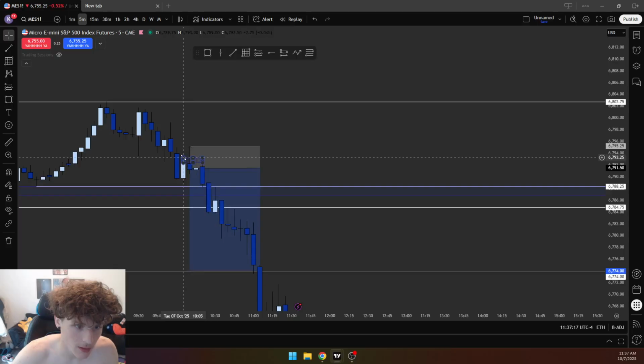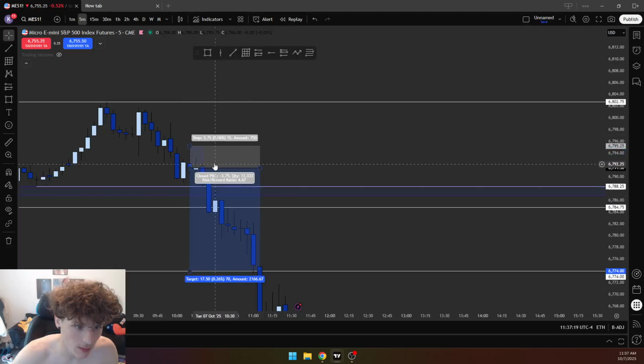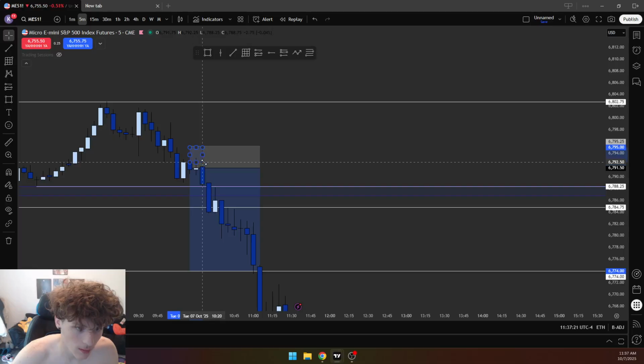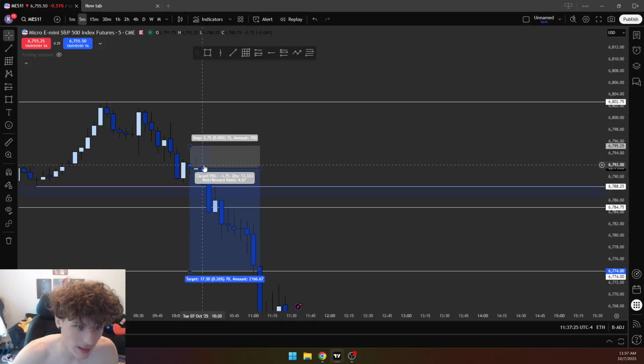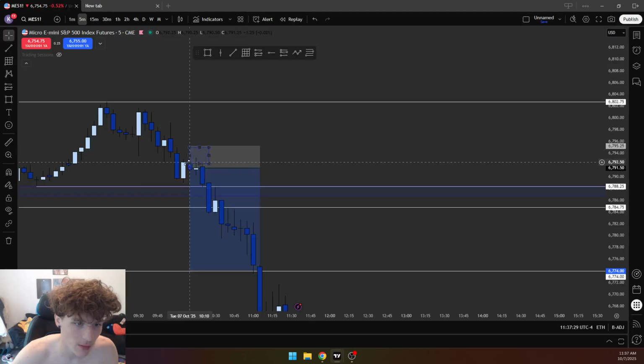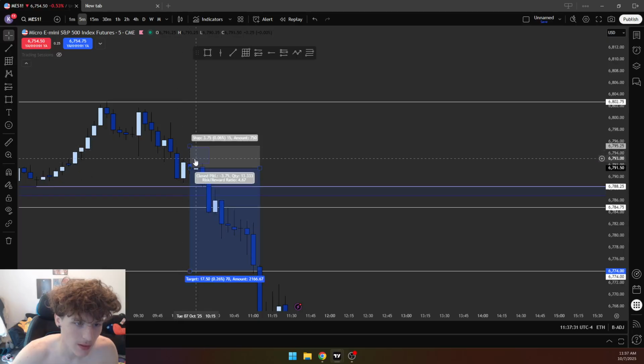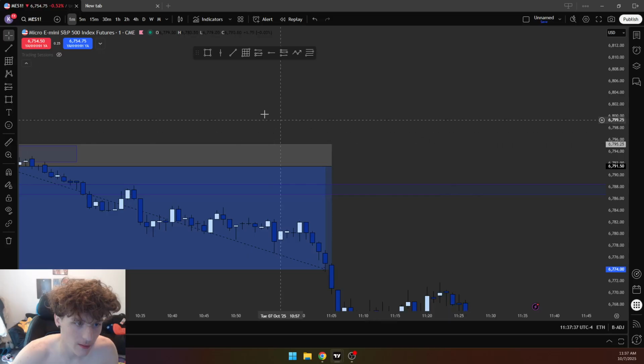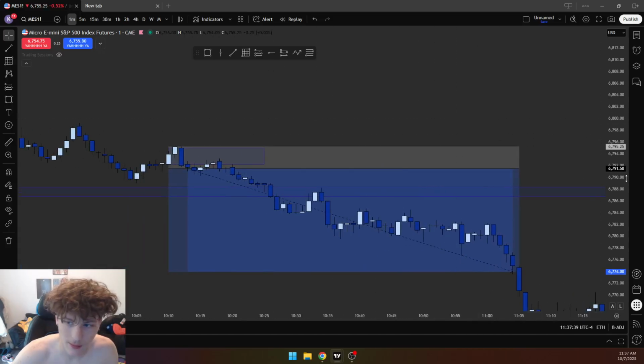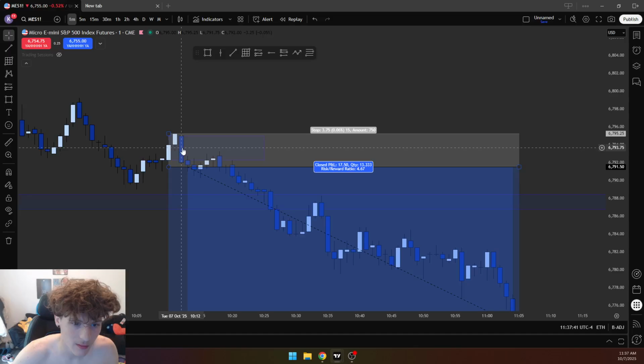So we do on this leg up here. We just barely tap it and then bam. We even have this 5 minute order block where we come up, sweep liquidity, and then we tap back into it and then continue moving lower. So that would have been a pretty good one as well, for a 5 minute confluence.